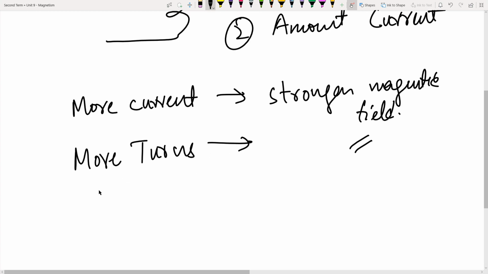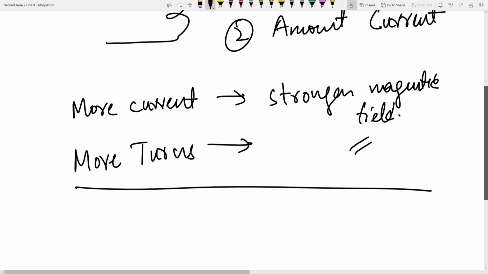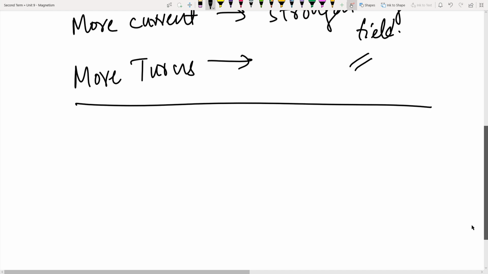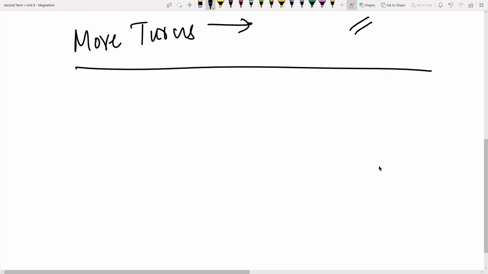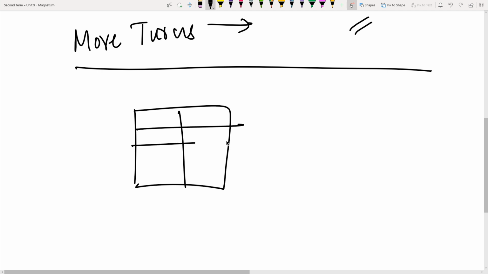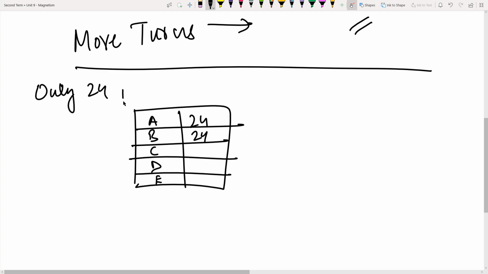Now the rest of the investigative questions, please understand that those were very easy questions in the assessment. You just needed to look at the number. If you remember, they were different magnets. We had electromagnets A, B, C, D, and E. Then we had this number 24, and if you had read the question properly, it suggested only 24 pins were used, right?